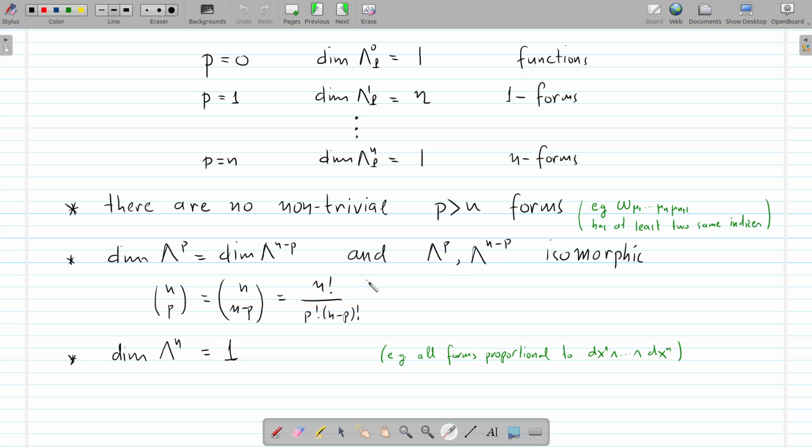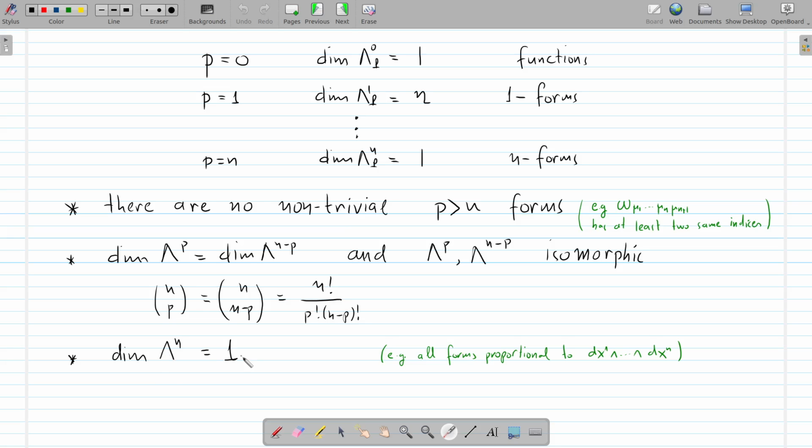We also notice that lambda p and lambda n minus p have the same dimensionality, and the two spaces are vector spaces that are isomorphic. And an important observation is that the space of n-forms is one-dimensional.